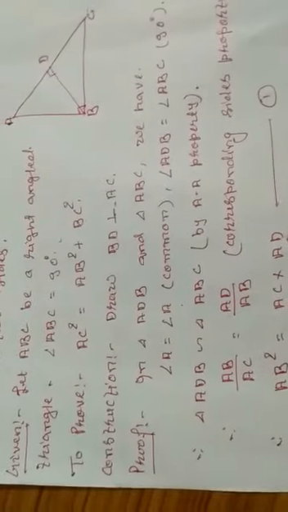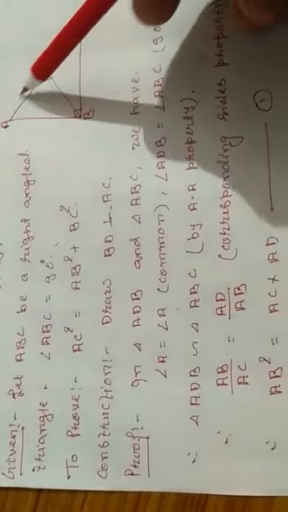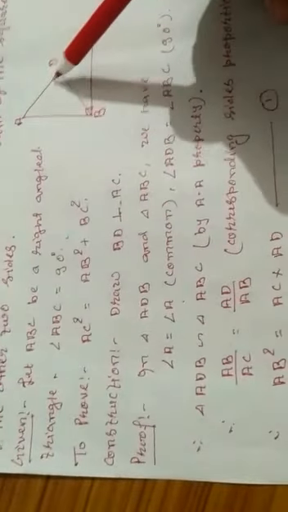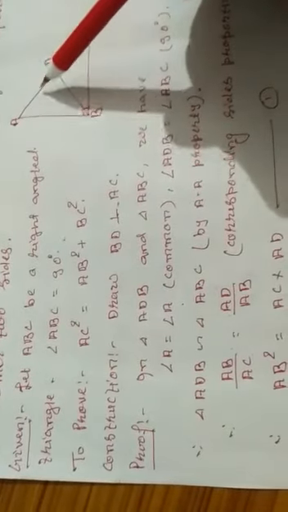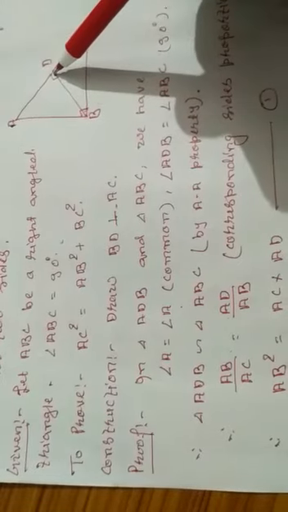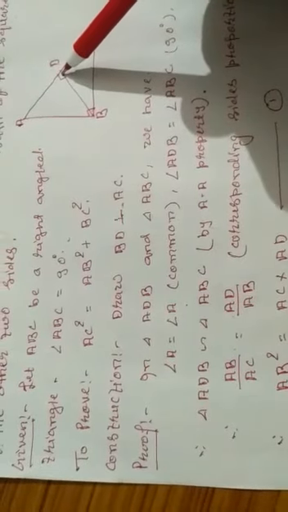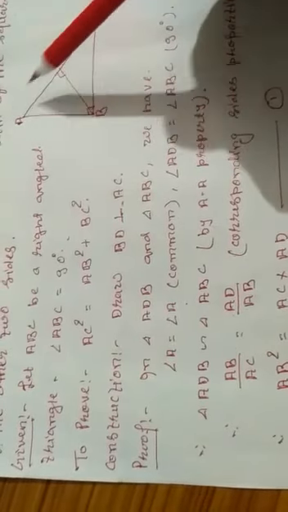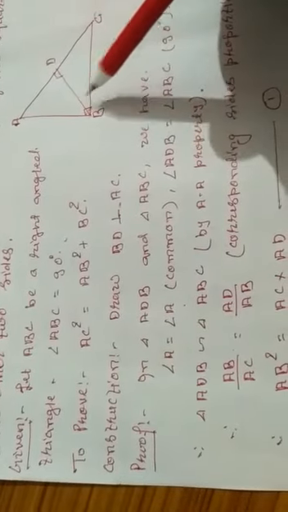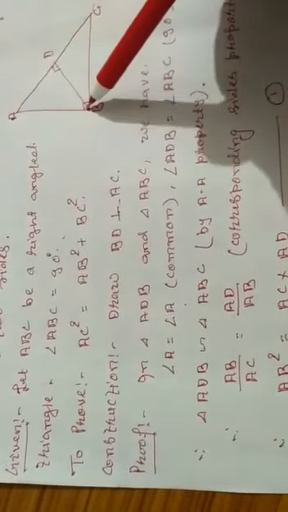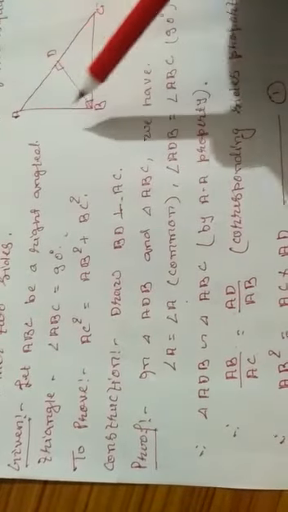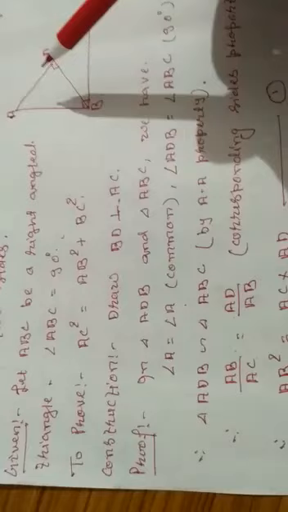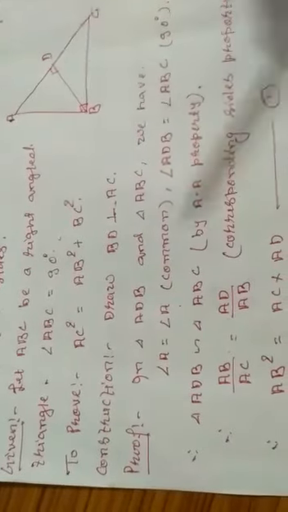And thereafter, AD, suppose AD is the perpendicular, or you may call it the base also. Let us suppose AD is the perpendicular of the smaller triangle ADB, and AB is the perpendicular of the larger triangle ABC. So this is perpendicular ratio to perpendicular.